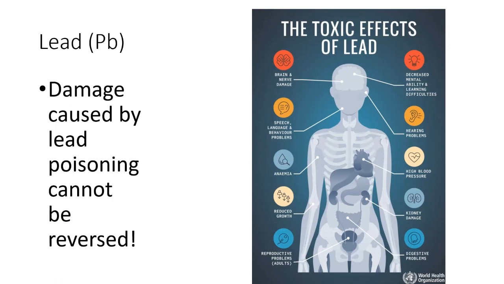It can cause problems in speech development. So being able to pronounce words properly, to be able to say words without stuttering, things like that. It can cause hearing problems. It can cause an increase in blood pressure. So this pointing to the heart says high blood pressure. This says anemia. Anemia means low iron in the blood.